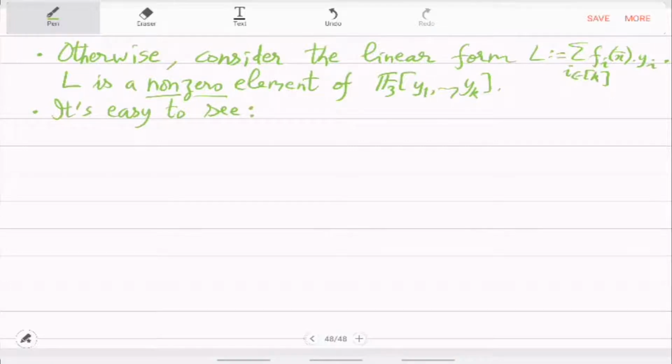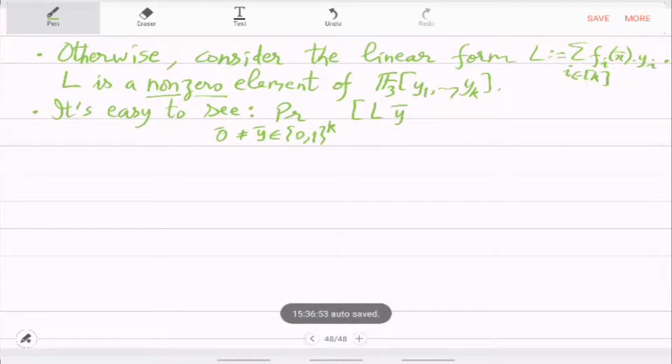So just observe the probability of picking y bar randomly in the space {0,1}^k, but not 0. What is the probability that Ly bar is 0 or not 0?